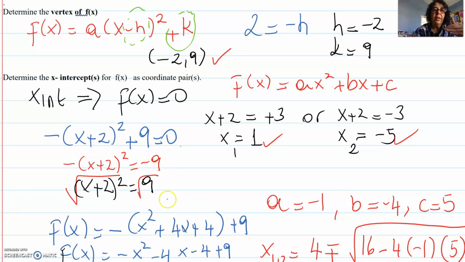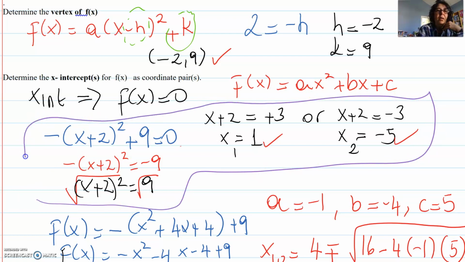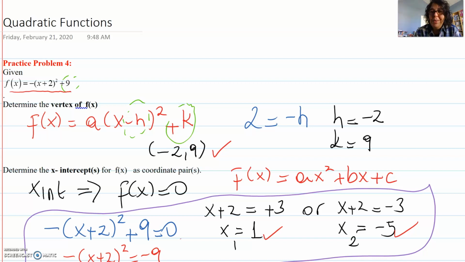Make sure that you open it up, bring it into the standard form, then identify a, b, c and apply the quadratic formula, or as you see in this way, maybe we might have a k value where the square root can be taken easily. You can prefer that way, but that's not a guarantee. You might end up with an ugly number here. So be careful with that. And that's all I wanted to say.